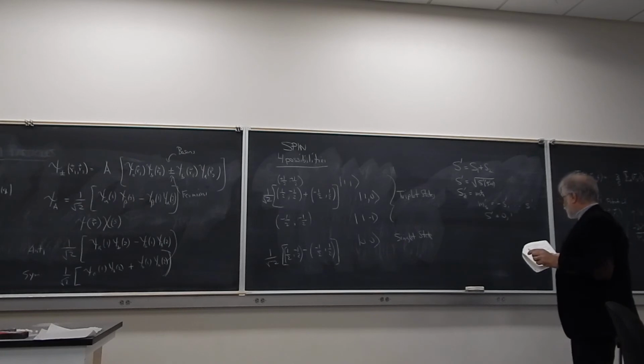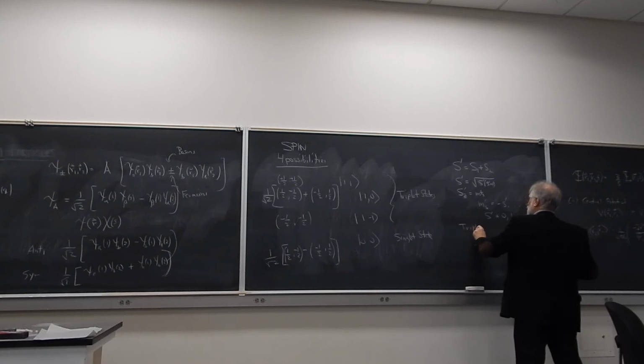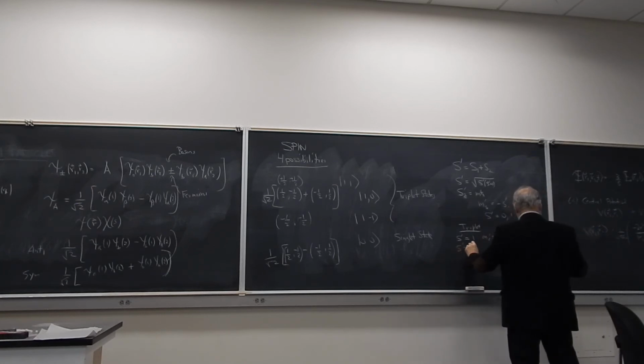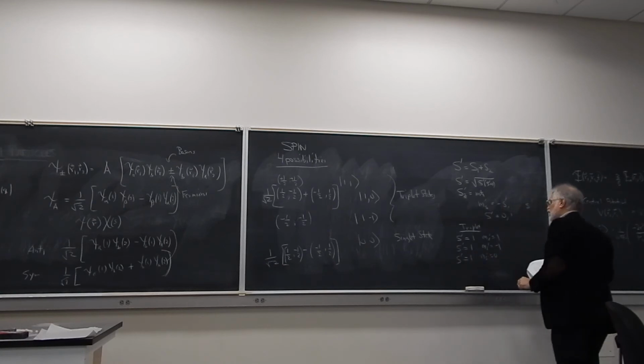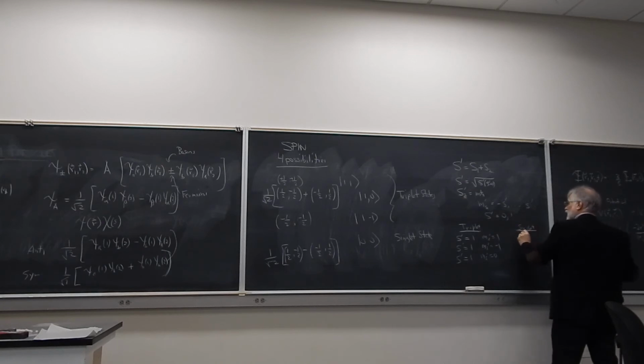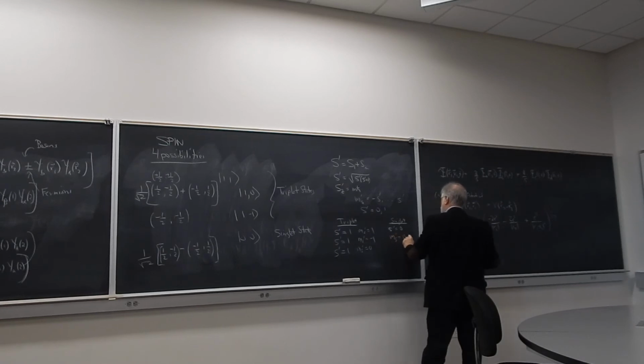So for example, for the triplet state, when S prime is equal to 1, MS prime can equal 1, minus 1, or 0. For the singlet state, S prime is equal to 0, therefore MS prime must equal 0.